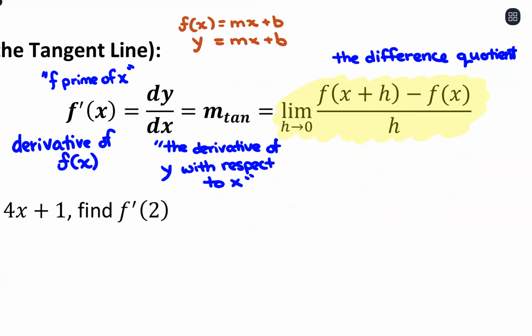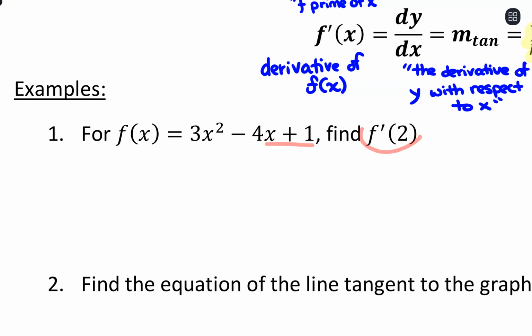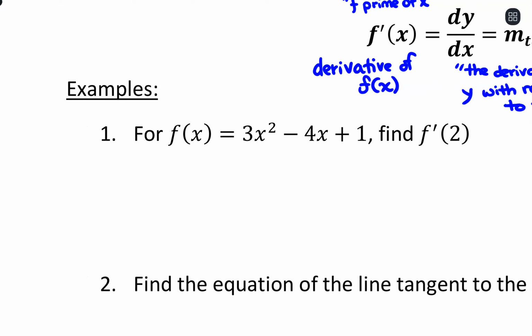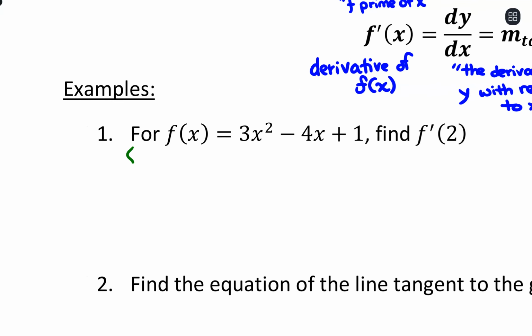Okay, so let's say we have a function, 3x squared minus 4x plus 1, and we want to find f prime of 2. Or we could say the derivative of f at x equals 2. That's what we're trying to find here. What that also relates to is if we are at x equals 2, what's the slope of the tangent line? All of those pieces come in. And actually, let's write those down as we're getting used to this idea of the derivative.